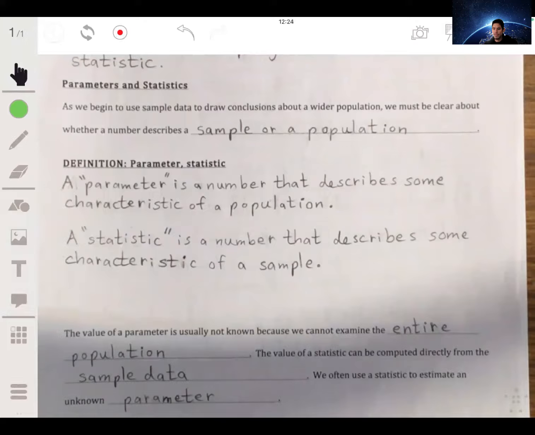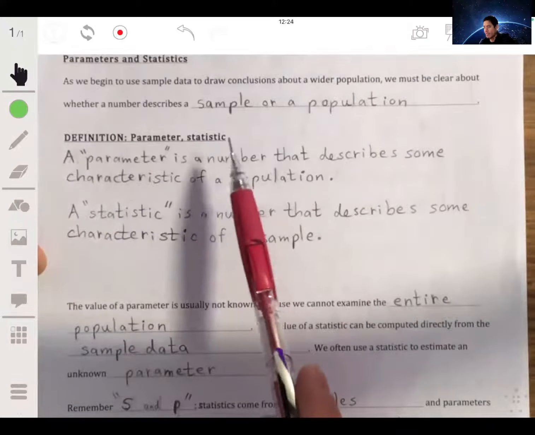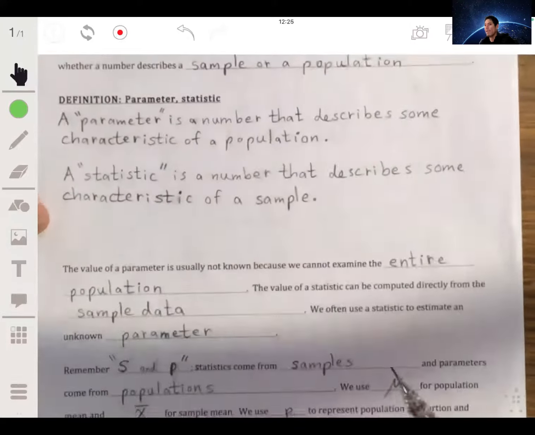That mean of 50 from that group of 1,000 would again be your statistic, and we're going to use that statistic to estimate the true mean of the population. The true mean of the population is the parameter. Our estimate that we get from our sample is our statistic.